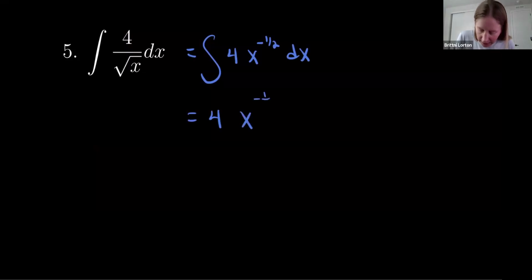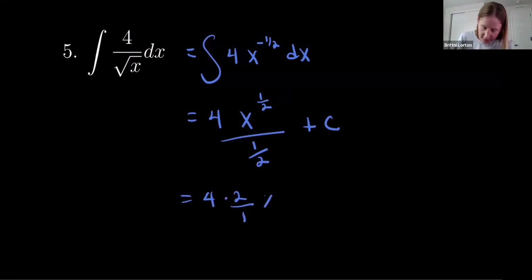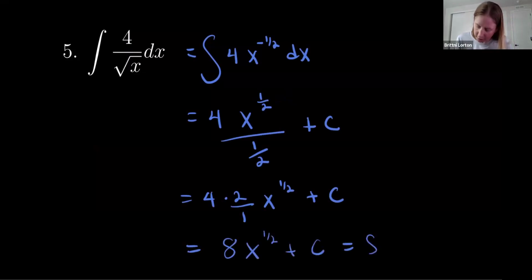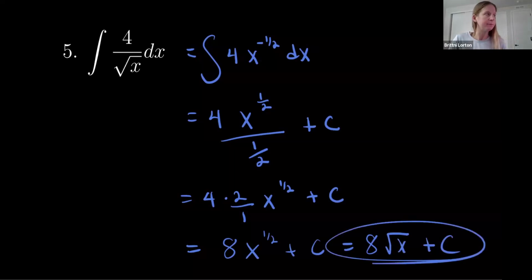And then I'm going to add 1 to the power, and -1/2 plus 1 is +1/2, and divide by the new power. And then the way you divide by fractions is you multiply by the reciprocal. So I end up with 8x to the 1/2 plus c, or you could write that as 8 square root of x plus c. Ta-da!